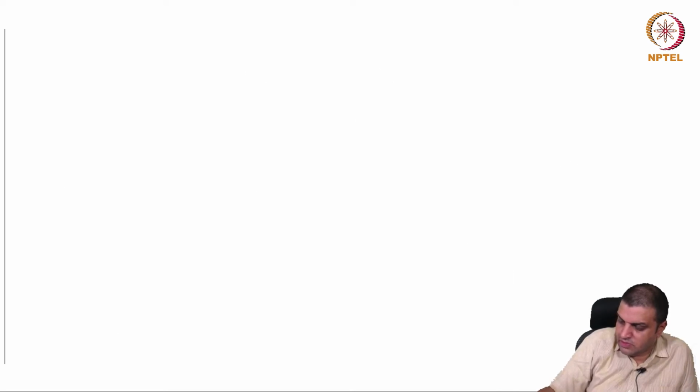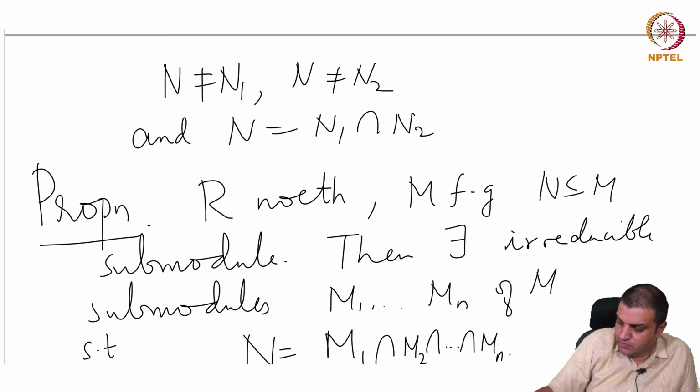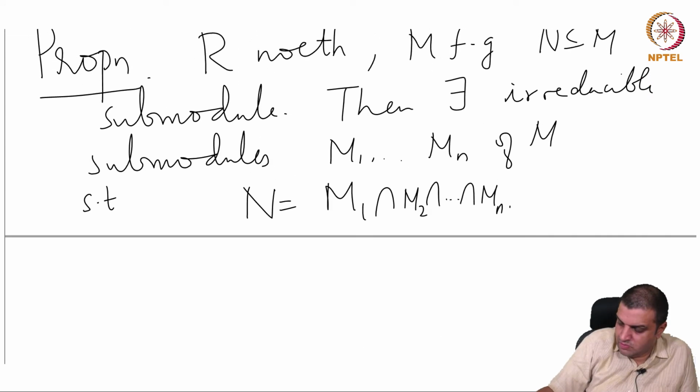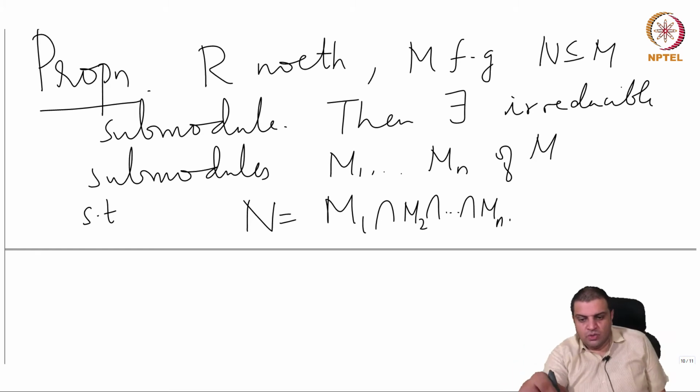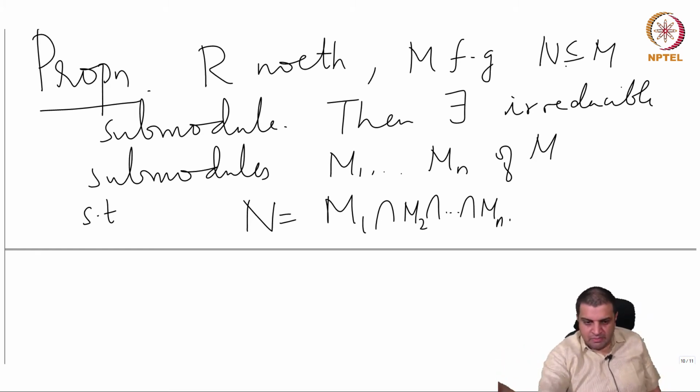So this is a proposition. If you have a Noetherian ring, a finitely generated module and a submodule, then the submodule has a decomposition as an intersection of irreducible submodules. This is finitely many.